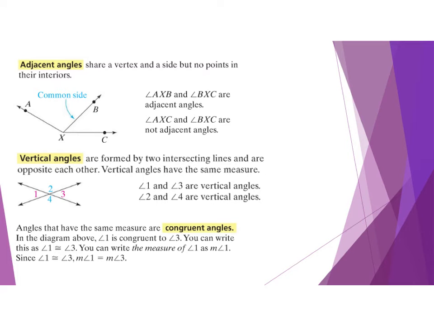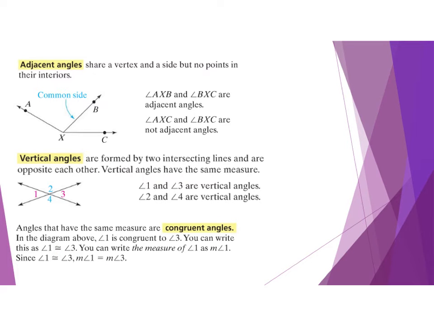Now, angles that have the same measure are what we call congruent. In the diagram that has the numbers in it, we say that angles 1 and 3 are congruent because they're vertical angles. The little equal sign with a squiggly above it shows that it's congruent.